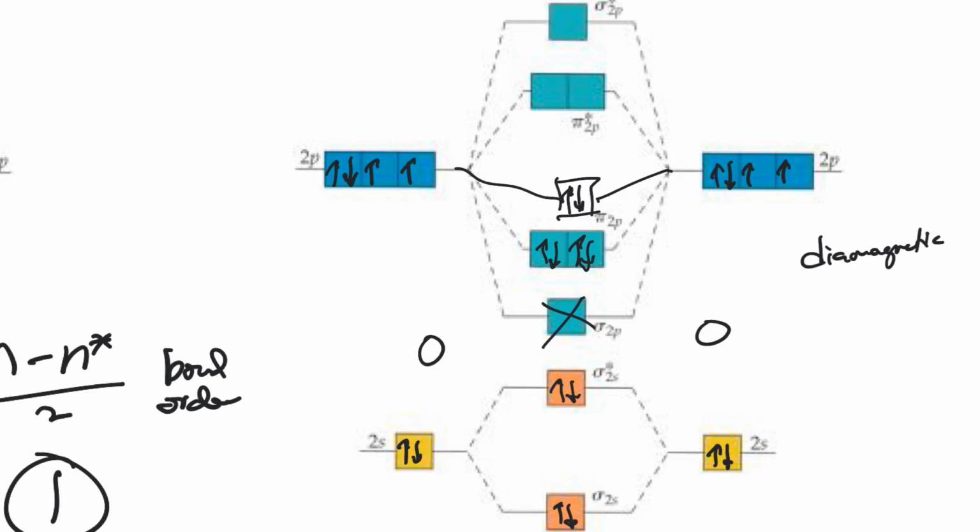I have 8 minus 2, which is 6. I remember the formula: it's n minus n star over 2. So 6 divided by 2, it should have a bond order of 3, which is positive.